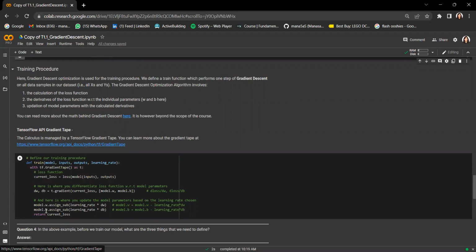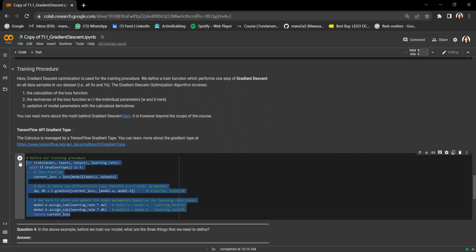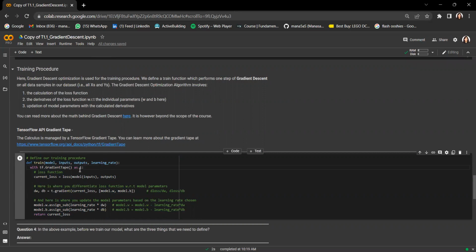And here we define this train function, which essentially performs one step of gradient descent over all our x's and all our y's. So what we first do is that given our model and given inputs, which is our x values, and given outputs, which are our ground truth y values, we calculate the loss.